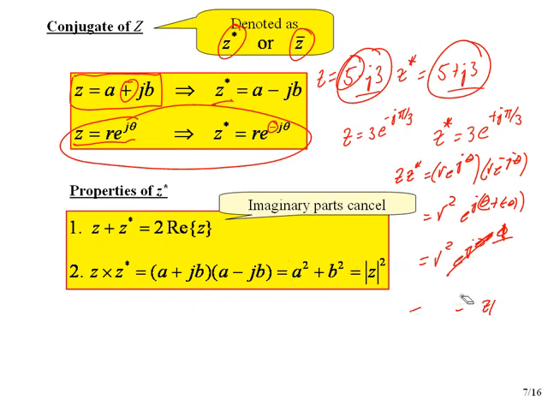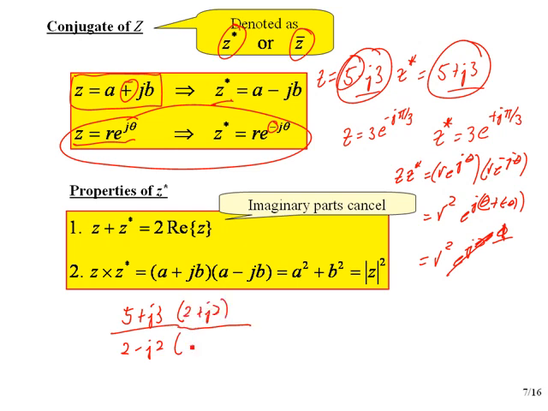Now, many of you have been taught that the way to deal with complex numbers such as 5 plus j3 over 2 minus j2, if you want to simplify that, is to multiply top and bottom by the conjugate of the bottom.